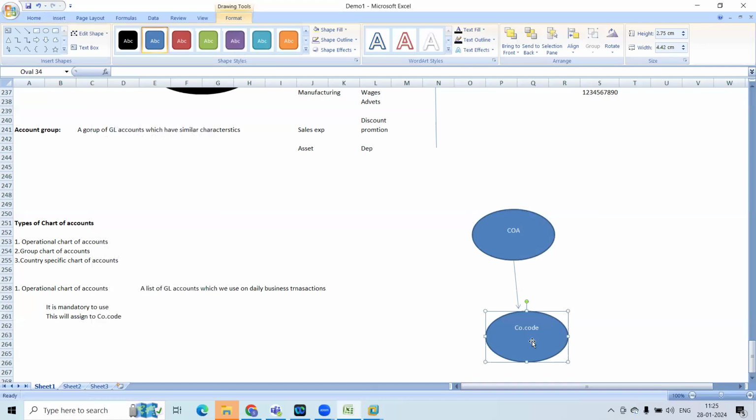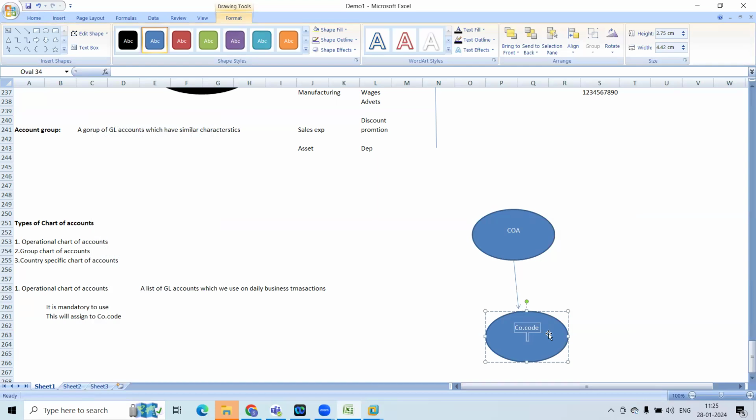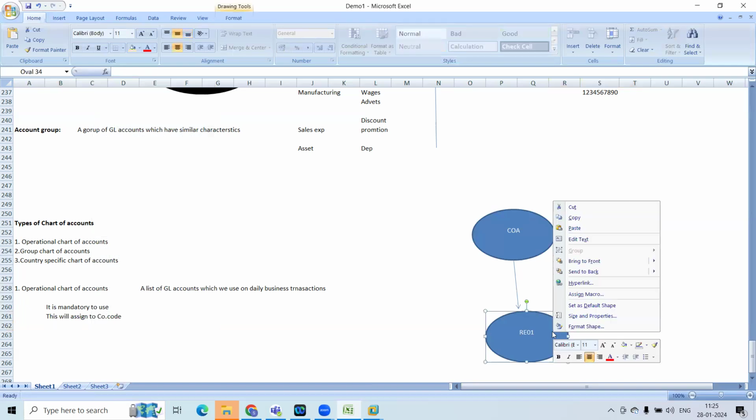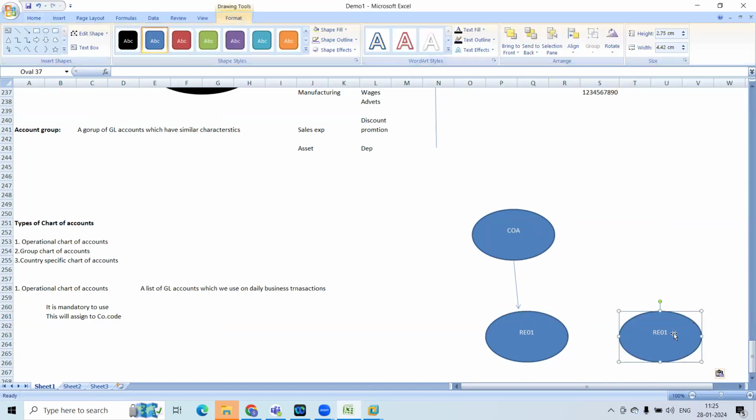So we have only one company code in our case now, RE01. What if I have another company code, RE02 something? Can we assign the same chart of accounts to this company code also? Yes, we can assign.